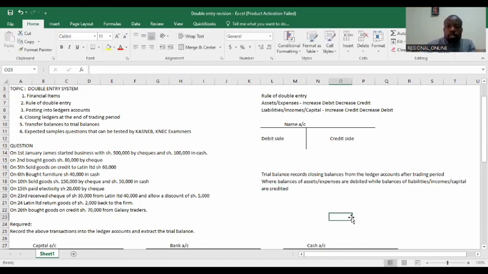So anytime you see a figure on the debit side of the trial balance, know it is an asset or an expense. Any figure that you'll be seeing on the credit side of a trial balance, it is an income, a liability, or a capital. So James started a business, so we are going to extract our trial balance.